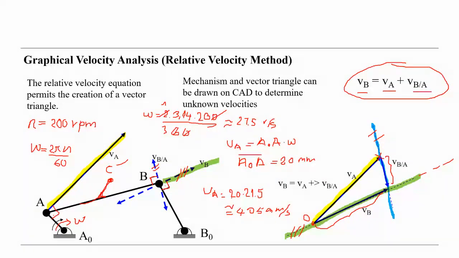We also know the direction of BA: VBA must be perpendicular to the line AB. So we can draw a parallel from the point where we had the end of the vector VA, and another parallel to VB here.